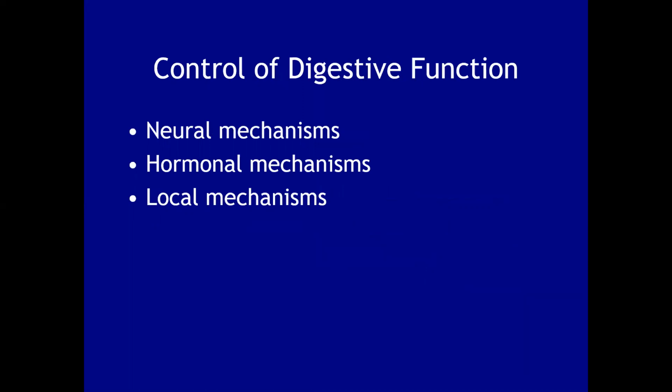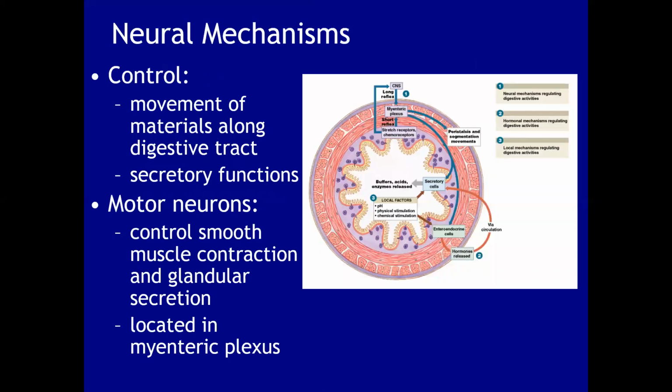All right, so now let's talk about how we control digestion. We have neural mechanisms, hormonal mechanisms, and local mechanisms. Before we talk about the specific mechanisms, let's do an overview of all of the mechanisms. The first ones we're going to look at are the neural mechanisms, right?